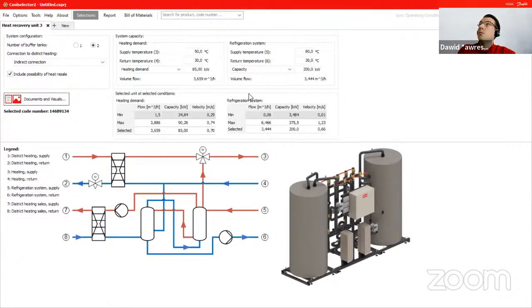Based on that, our software is calculating the required flow, and based on this flow, it's choosing the right code. And here we have the selected code. With that code, you can just reach out to Danfoss, and we can make a quote for you and assume the delivery dates for the system.